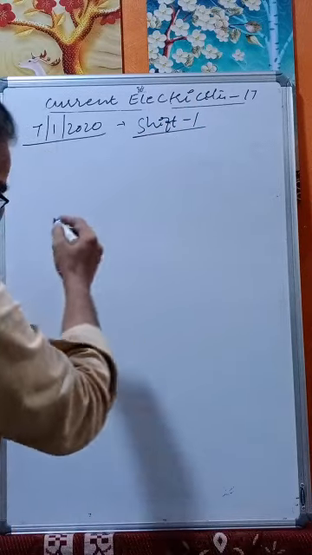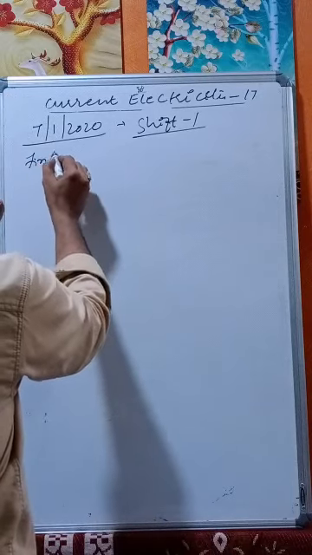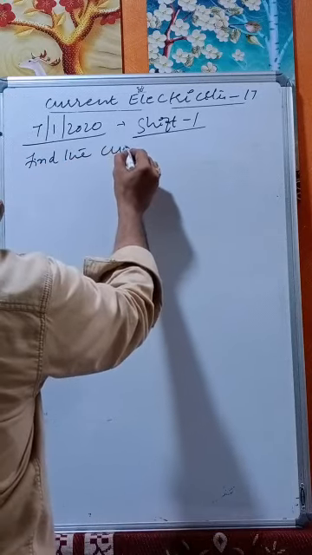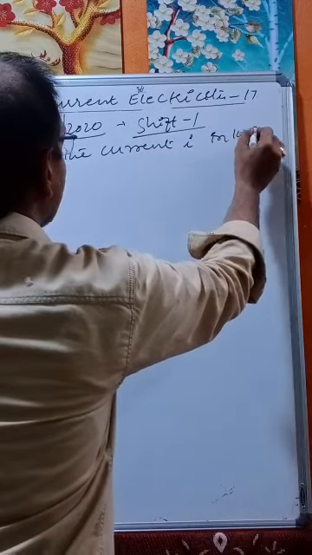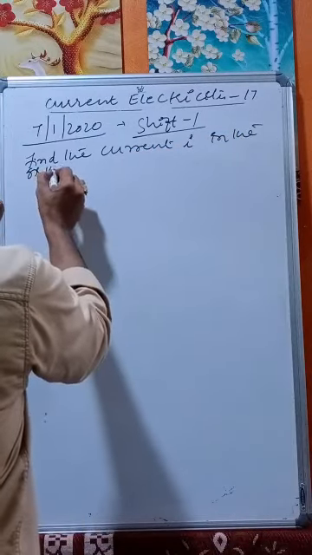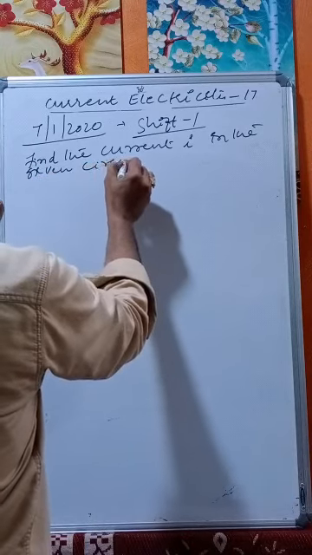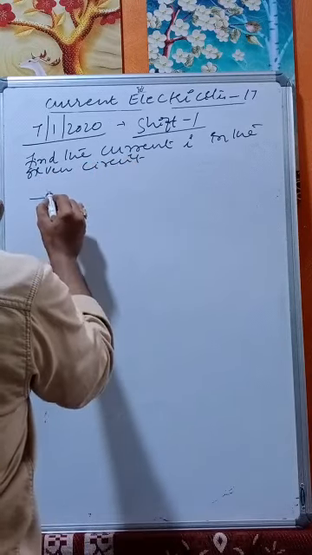Find the current I in the given circuit. The circuit is something like this.